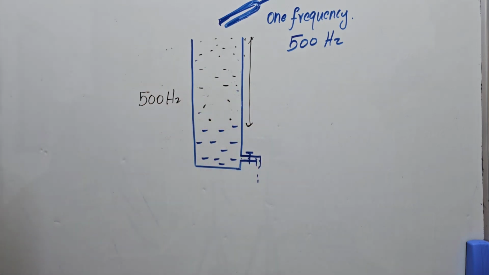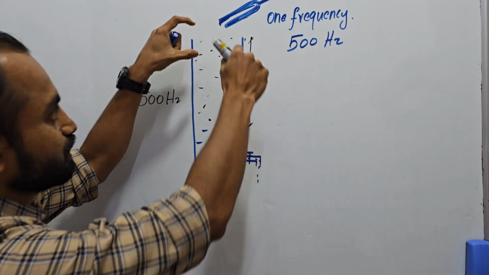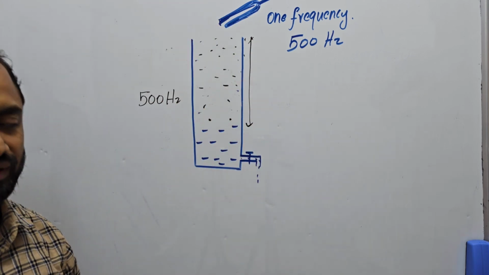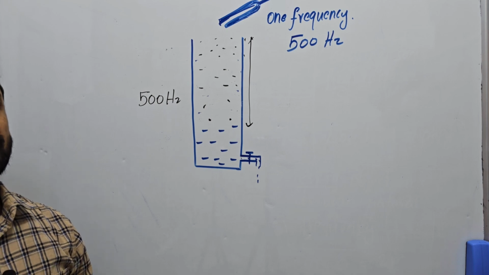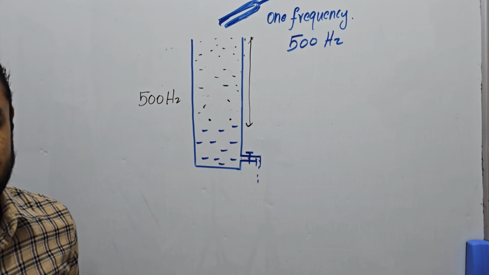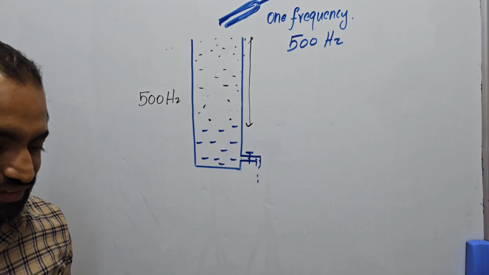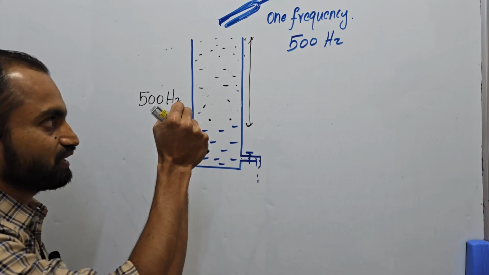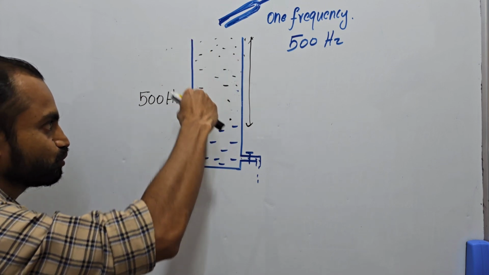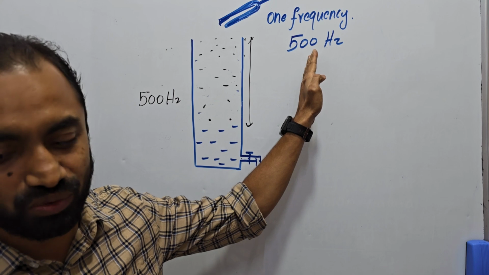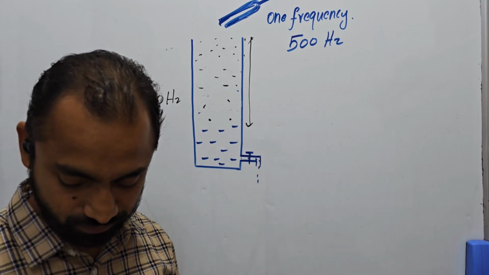Okay, you again make a sound with the tuning fork. What happens? You will hear a very loud sound. Why? Very good. The natural frequency of the air in this tube is equal to the frequency of the sound produced by the tuning fork.